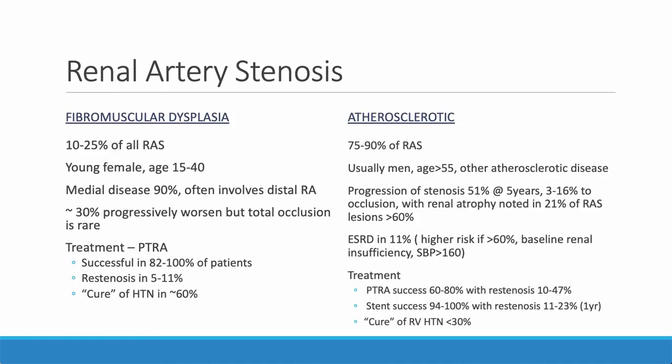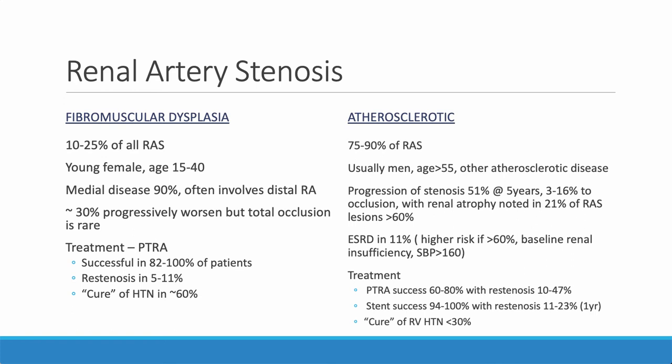Now, let's talk about renal artery stenosis. There's two kinds. There's fibromuscular dysplasia, which typically happens in young women. When we identify somebody with uncontrolled hypertension who is in that age range and a young female, we usually do some workup for renal artery stenosis.